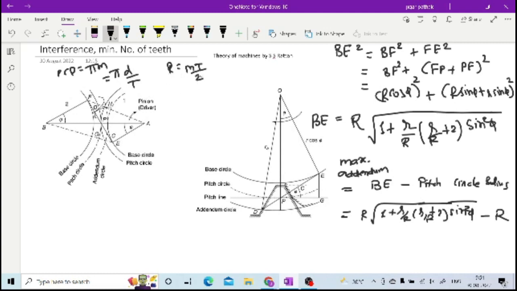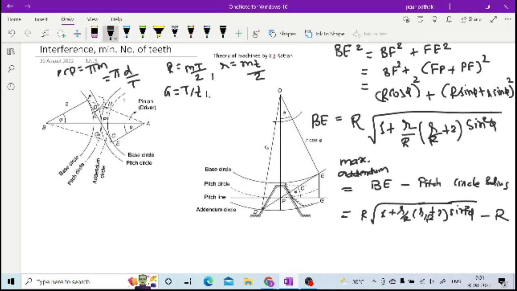So here capital R and capital T refer to the gear, right? Similarly for the pinion, it is small r and small t, right? This capital T and small t refer to the number of teeth on gear and pinion respectively. So this is how you have capital R, small r and the gear ratio capital T by small t.